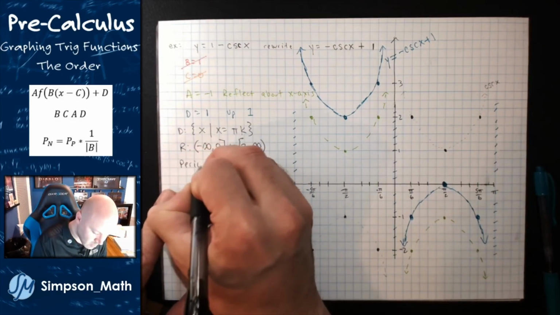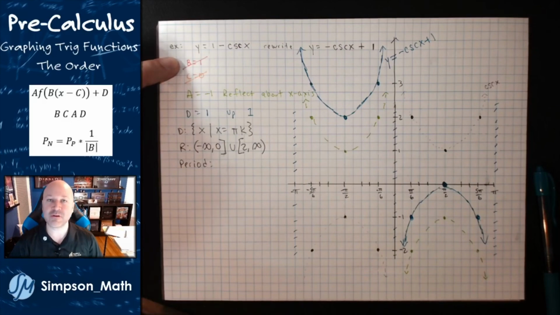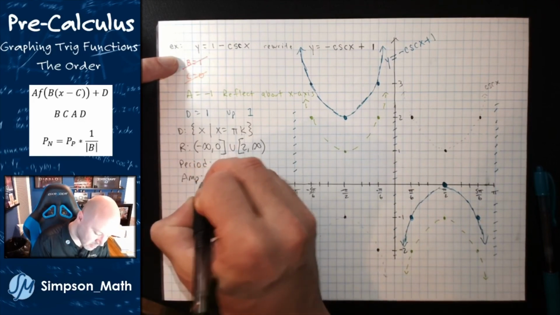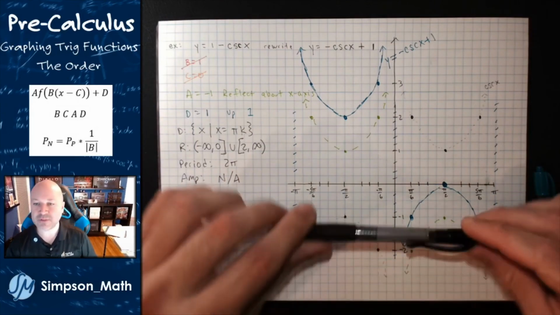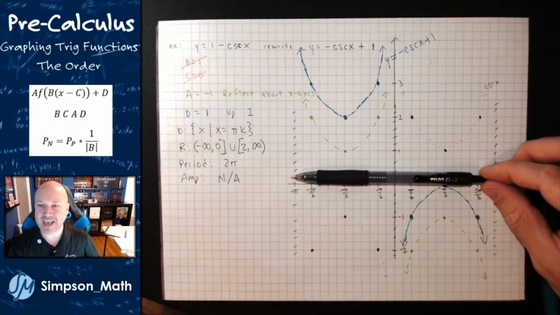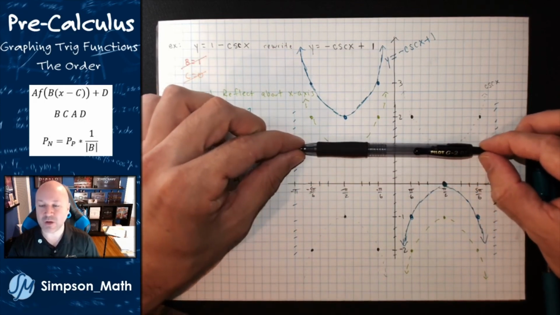Period. We took care of that first. That was our first step. There was no change in period. So the period for cosecant is 2 pi. Amplitude. That's a dumb question. It doesn't really matter. From a 0 position, now we can talk about it. The 0 position is usually on the x-axis, but we shifted everything up 1. So my 0 position is now at 1.